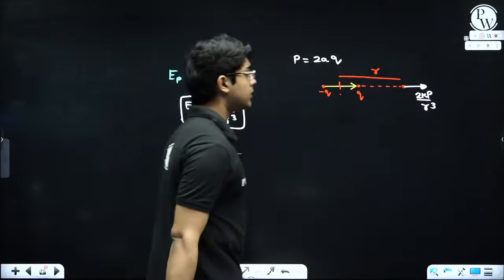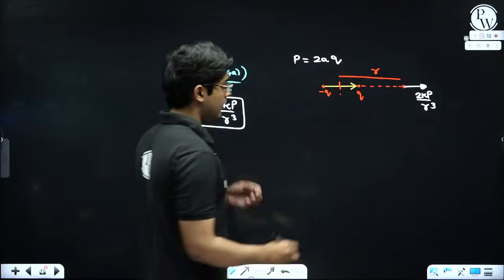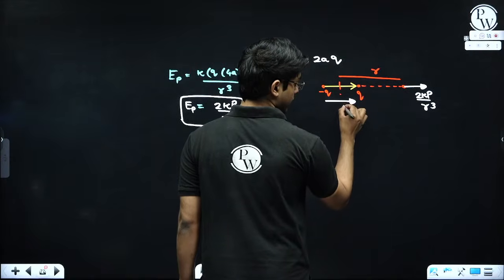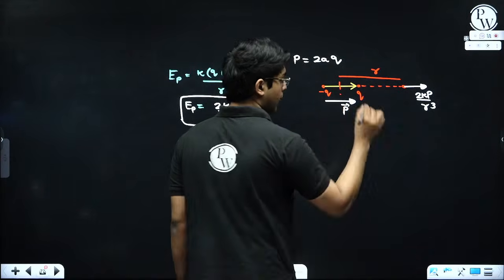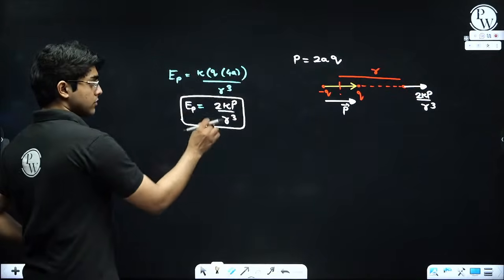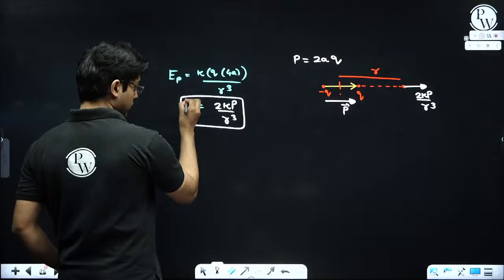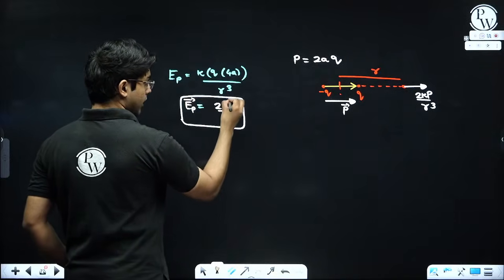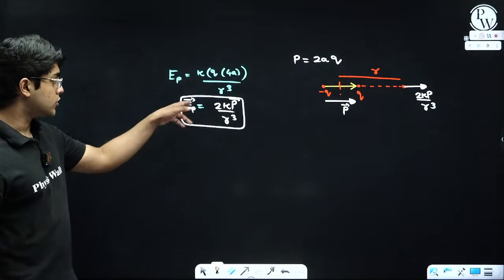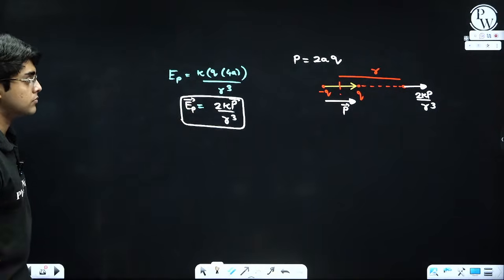Now here there is another thing to keep in mind. If you notice, the dipole moment vector is also in the right direction, right? And the field is also in the right direction. So when we are talking about axial position, the field is in the direction of the dipole moment. So you can also write it as 2K P vector by R cube.